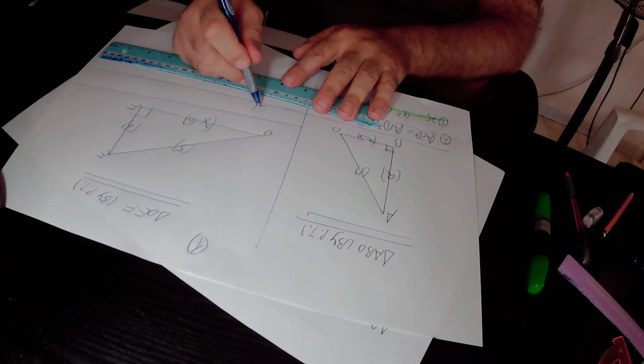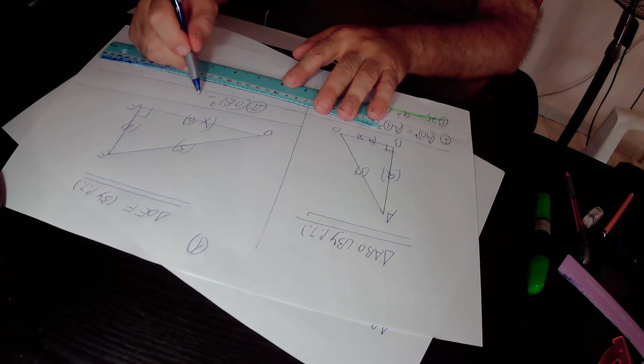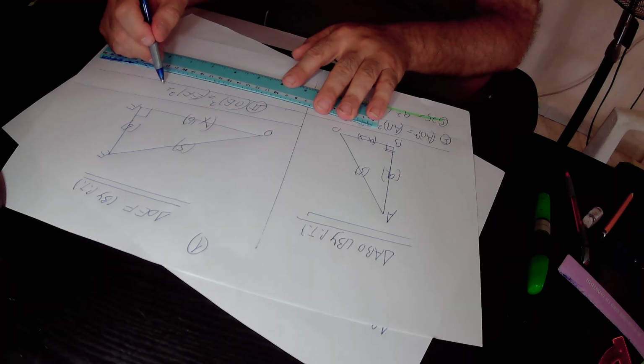According to equation 2, OE squared, that is the square of the hypotenuse, equals EF squared plus OF squared.